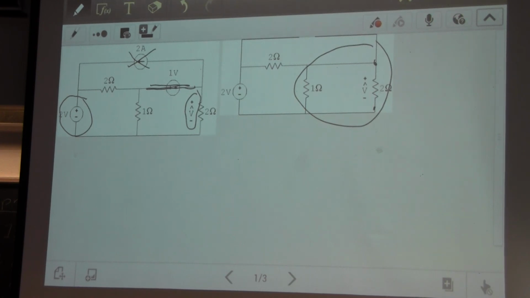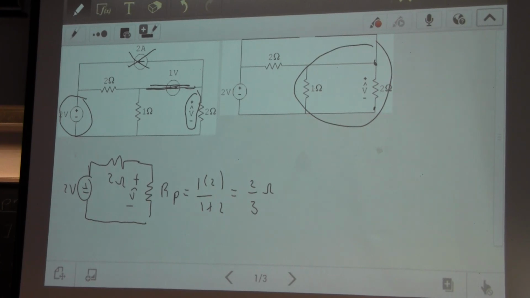So we keep the 2 volts and the 2 ohms, and combine the other 2 resistors into a single resistor, with V hat still there. For 2 resistors in parallel, I multiply them and divide by the sum. So I have a resistor which is 2/3 of an ohm, and a resistor that's 2 ohms.